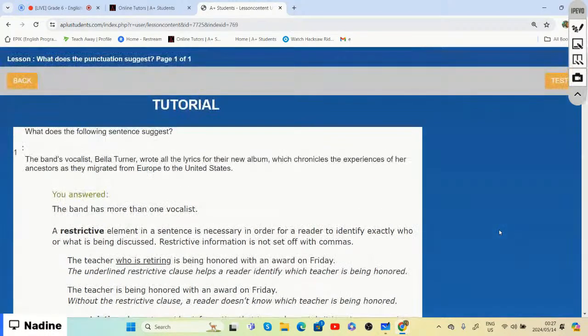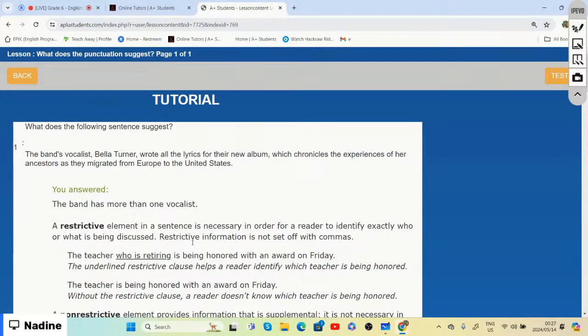All right. So now we're going to do an activity and then we're going to our test. It says, what does the following suggest?